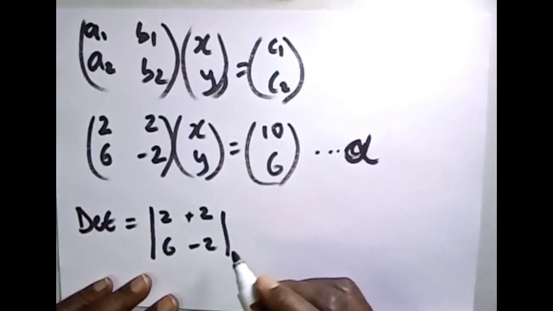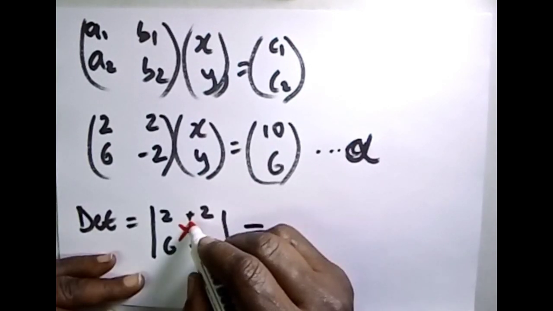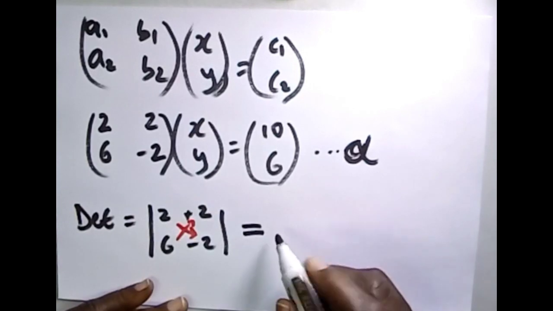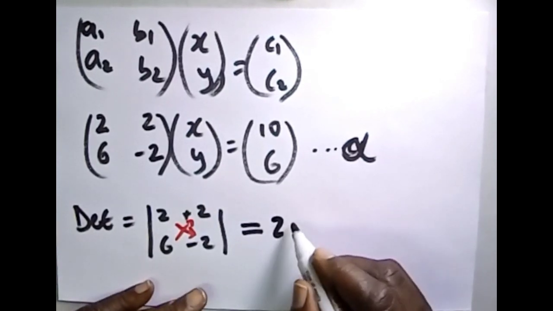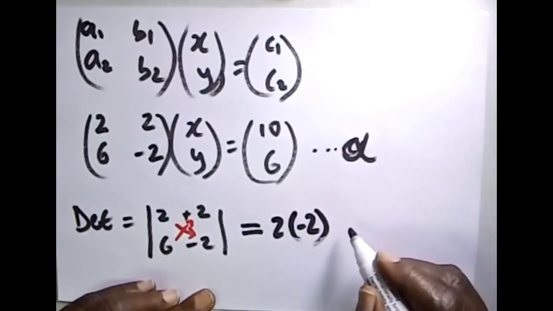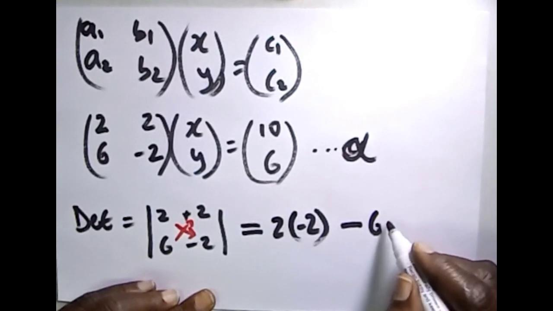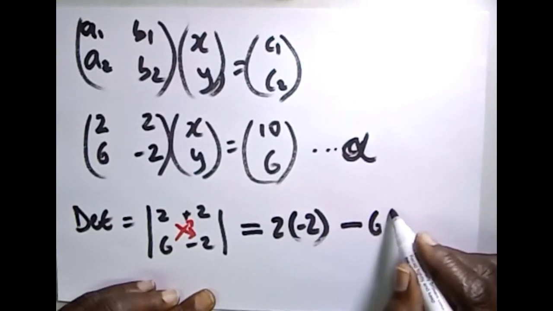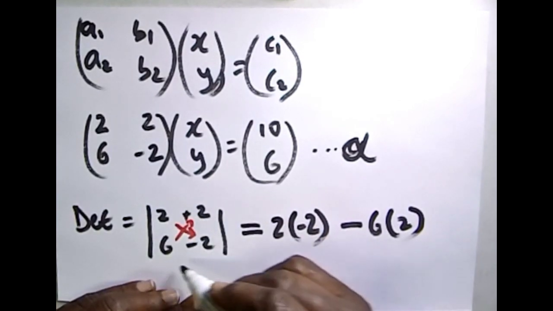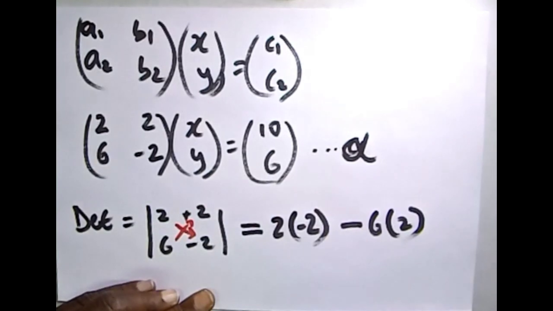and how do you work out that determinant? It's very easy. You just cross multiply. So the determinant is just 2 times minus 2, then minus 6 times 2. You cross multiply, or you multiply diagonally like this.